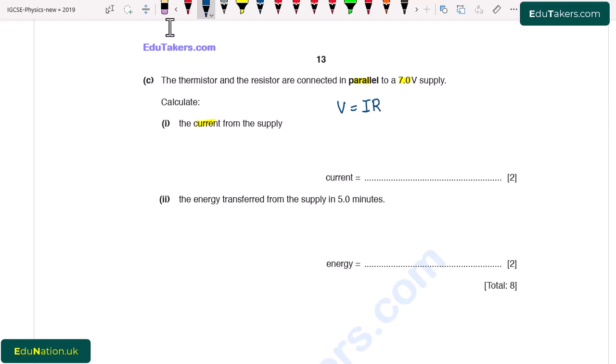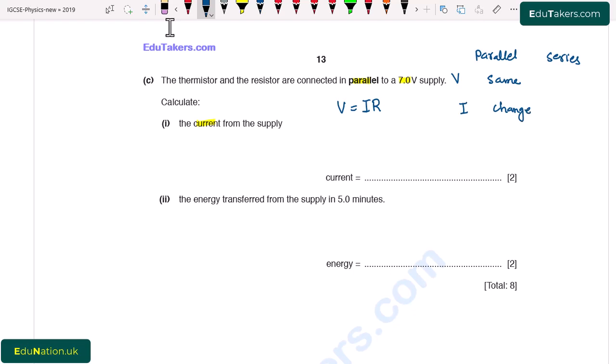Here thermistor and resistor, both of these components are parallel. And we know that in a parallel circuit, the value of potential difference remains same, but the value of current changes.